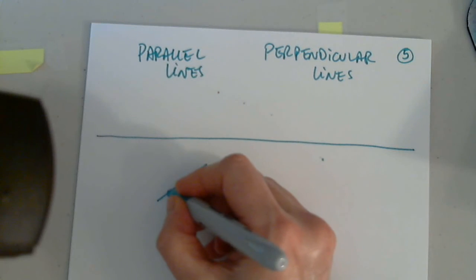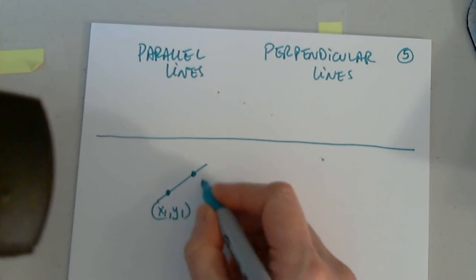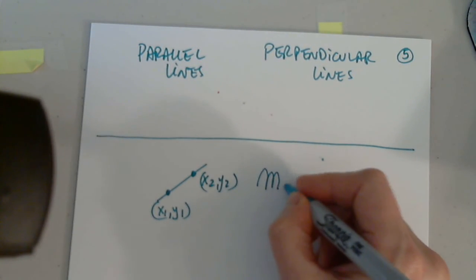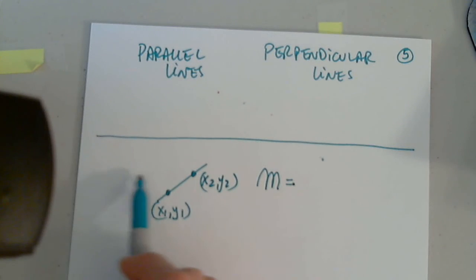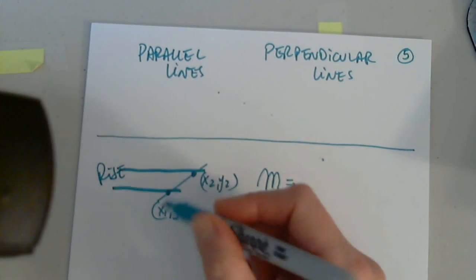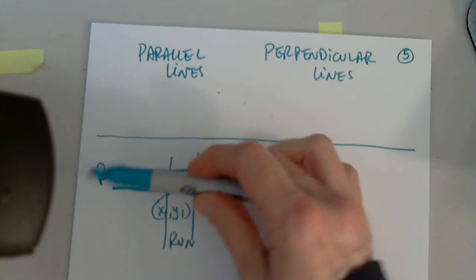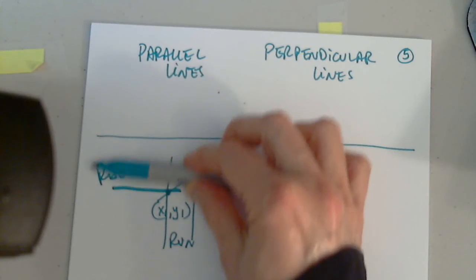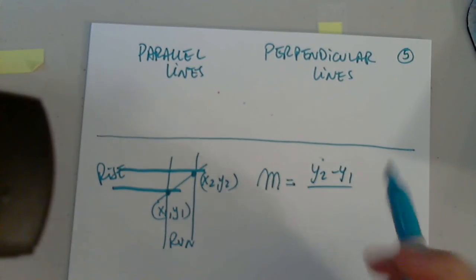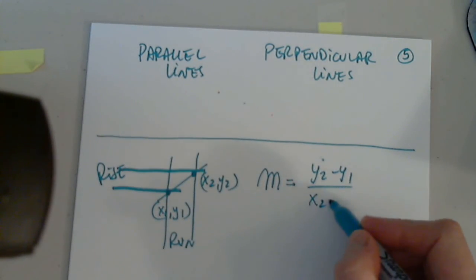So this is a line with 2 points, x1, y1, x2, y2. In order to find the slope of the line, I have to determine the rise and then find the run. So the change in y will be y2 minus y1, and the change in x will be x2 minus x1.